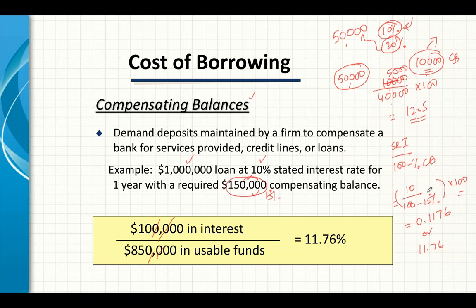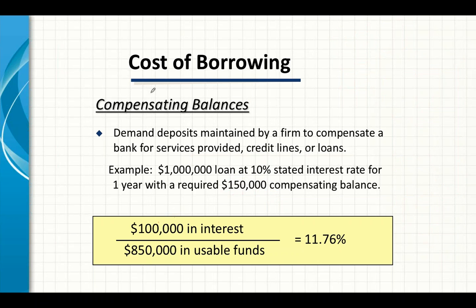So write a formula. The effective rate of interest in case of compensatory balance equals the stated rate of interest divided by 100 minus percentage CB. Listen again: if you have any commitment fee also, you can write minus percent commitment fee, then into 100.